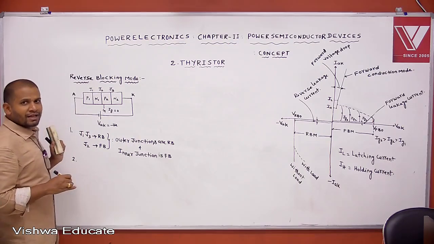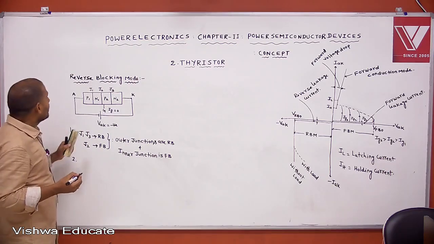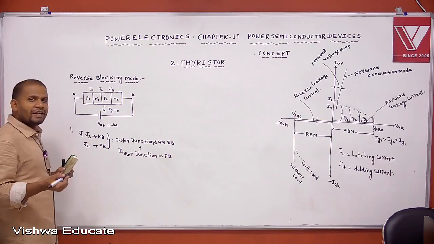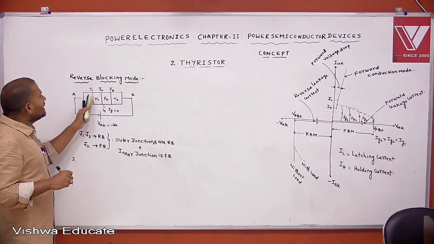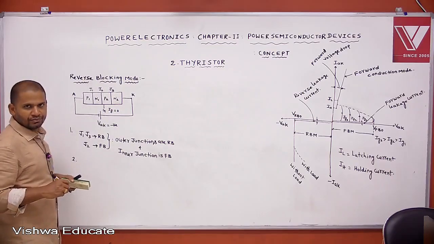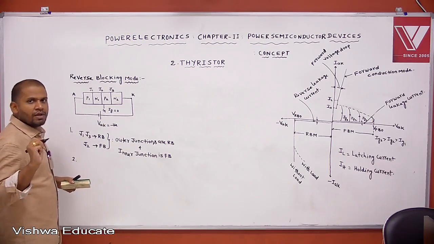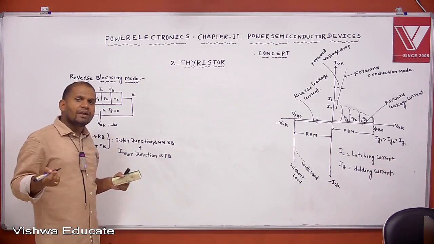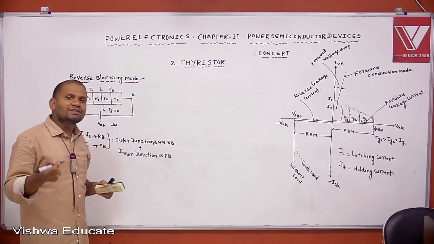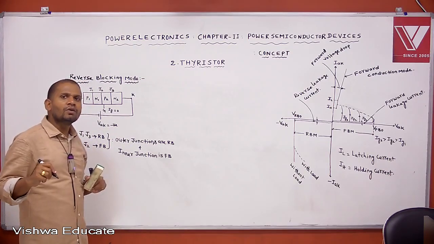To clearly understand this concept, I will analyze the thyristor with respect to switch operation. I am assuming that each junction acts as one switch. If the junction is under reverse bias condition, I will treat it as an open switch. If the junction is under forward bias condition, it acts as a closed switch.